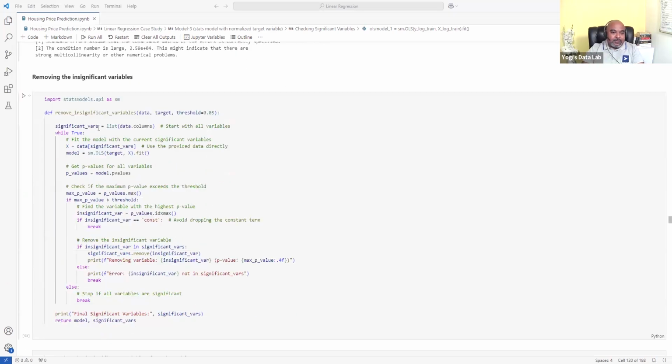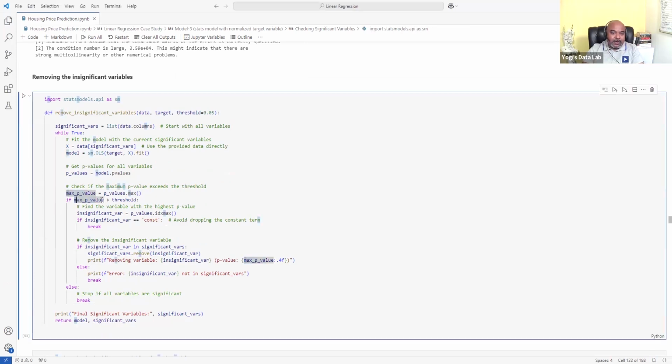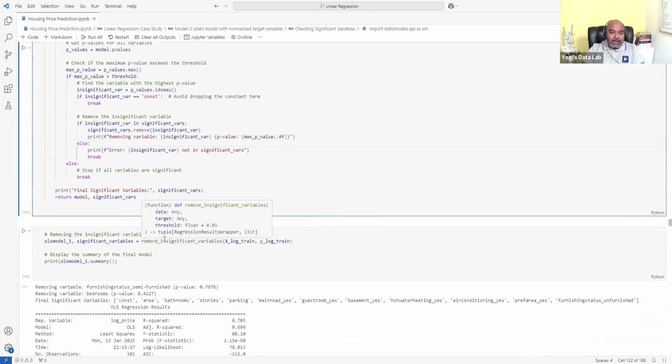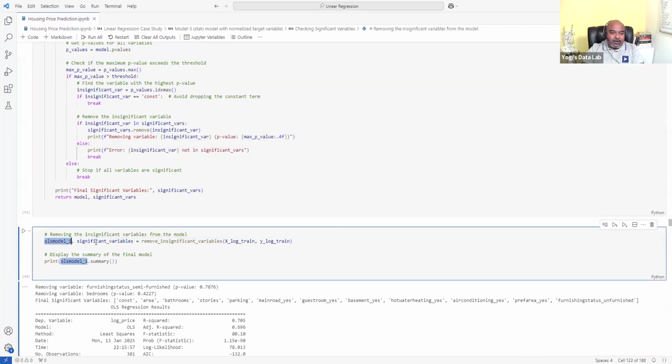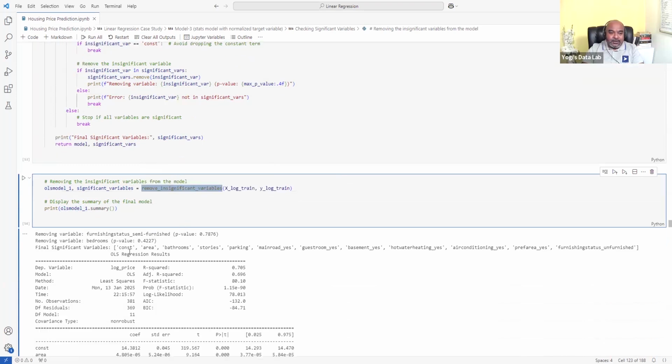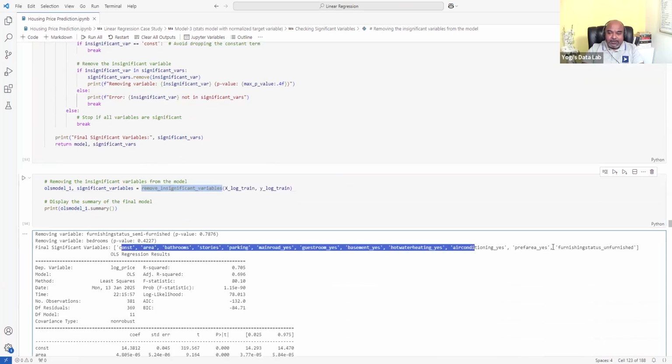This is the function where it is going to pick up the p-values and check which are greater than the threshold, which is 0.05. If so, it is going to drop that variable from the model. Otherwise, it will continue. Having done this, we have picked up the model and significant variables by using this function. These are the list of all your variables, and these are the final variables which are significant.